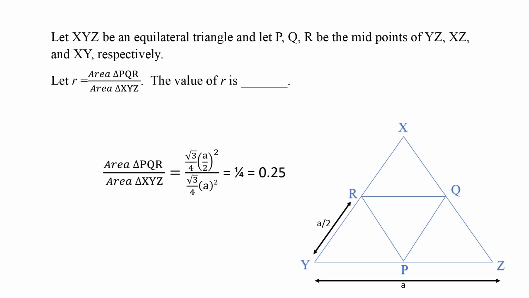So you can see here in triangle XYZ and triangle PQR, the area of triangle PQR will be root 3 by 4 into (A by 2) whole squared, and the area of triangle XYZ will be root 3 by 4 into A squared, because the side of triangle PQR is A by 2 while the side of triangle XYZ is A. So in this case it will be 1 by 4 or 0.25. The value of R is 0.25. Moving on.